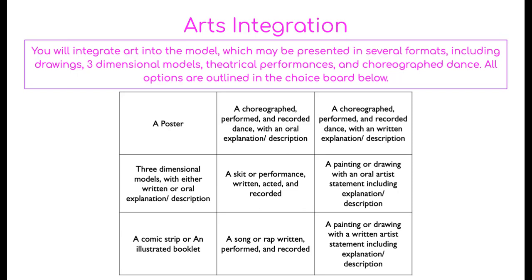You also could create a skit or a performance, which you would then write, act, and record. You can create a visual piece of art, like a painting or a drawing, to represent your model, with also an oral or written statement, including and explaining all of those components.